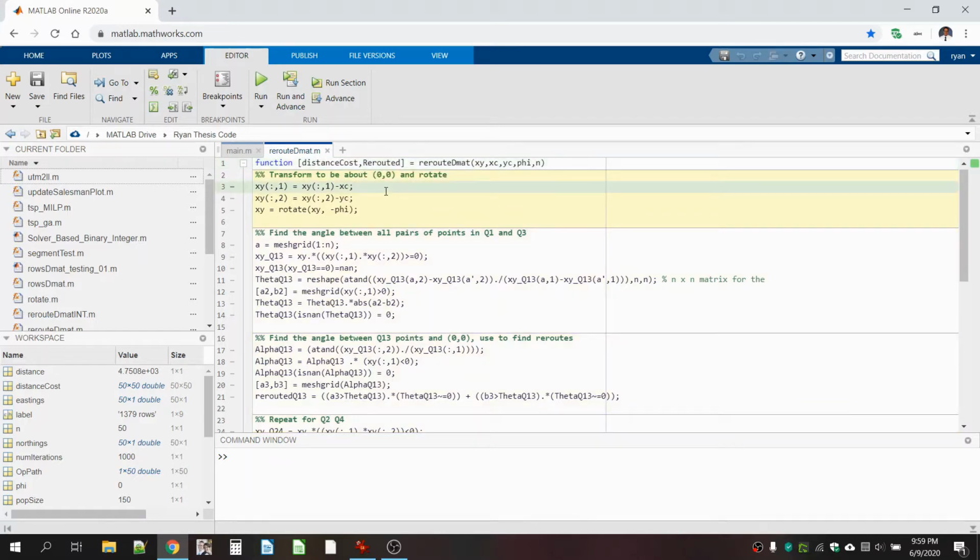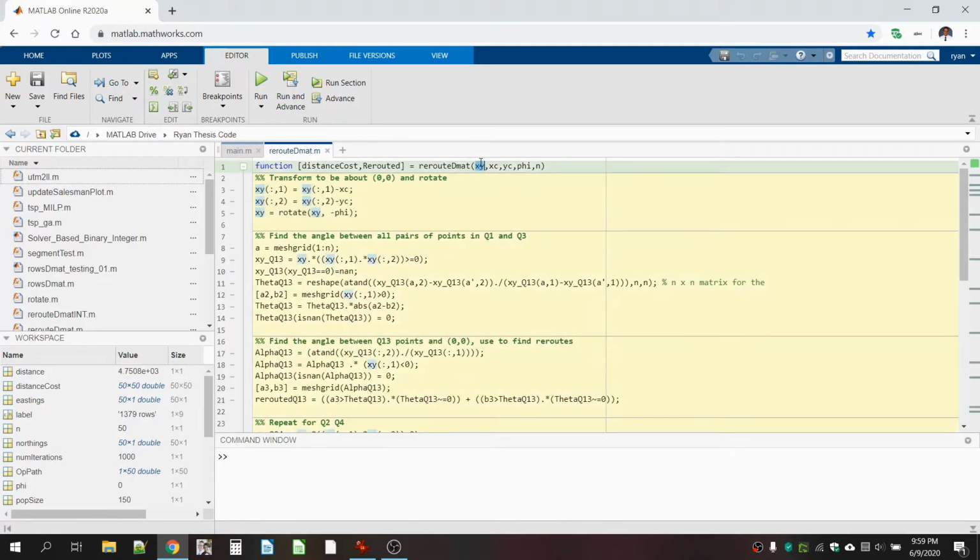But basically, first you have to start by taking all of your waypoints in XY and transforming them so that the center point is 0, 0. If you read my thesis, this is necessary because of the way the mathematical tests I use work.